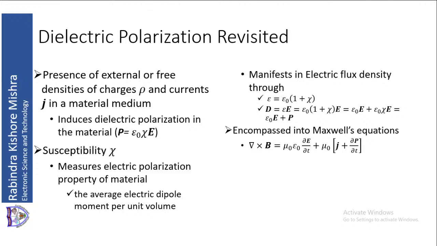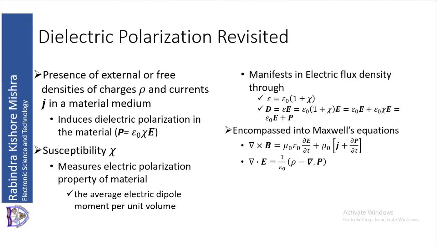For D, if we write D is equal to epsilon 0 E plus P, then dou D by dou T is equal to epsilon 0 dou E by dou T plus dou P by dou T. So curl B is equal to mu 0 epsilon 0 dou E by dou T plus mu 0 J, and then plus mu 0 dou P by dou T. Taking mu 0 constant outside, inside we have J plus dou P by dou T.